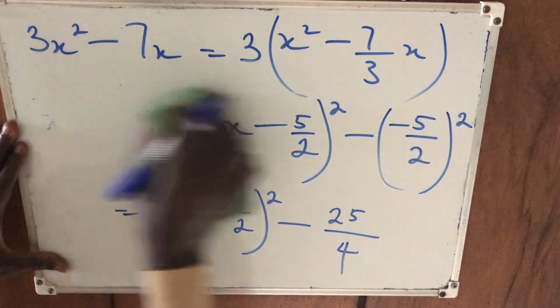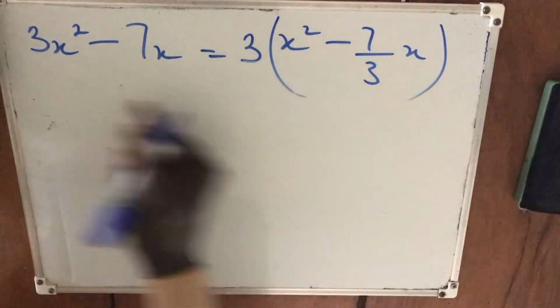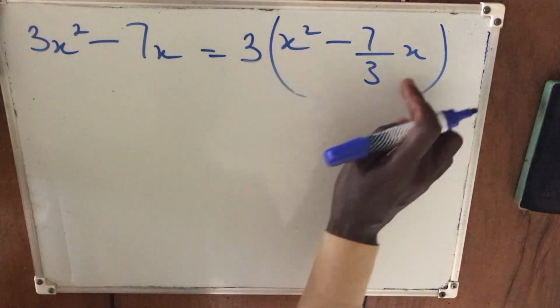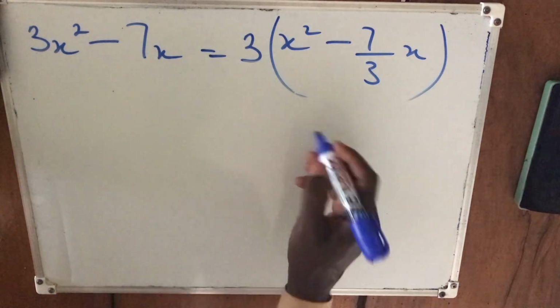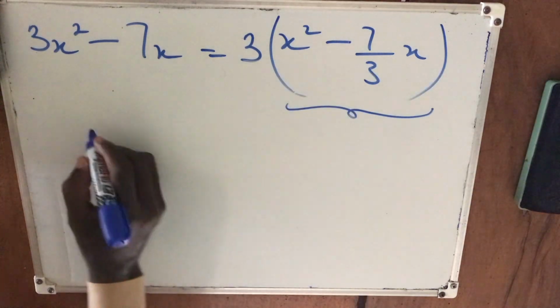You would see that if you expand the right hand side, you will get what is on the left hand side. If you expand 3 into brackets x squared minus 7 over 3x, you're going to get 3x squared minus 7x. Now what we do is complete the square for x squared minus 7 over 3x.